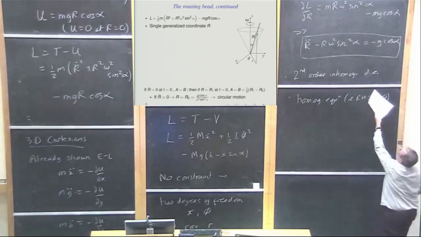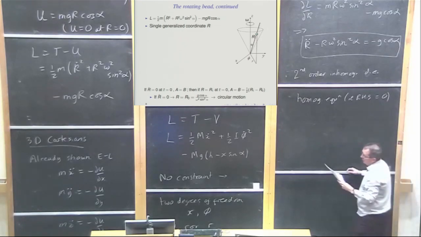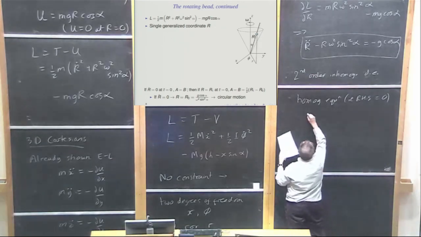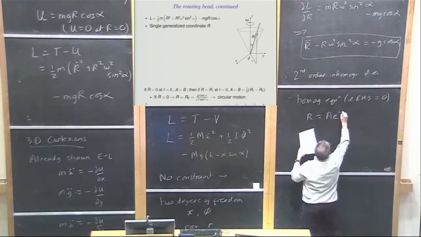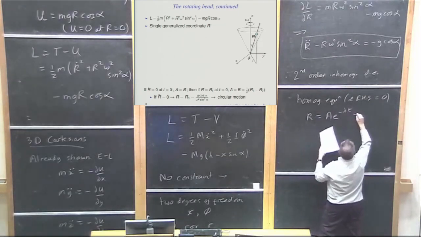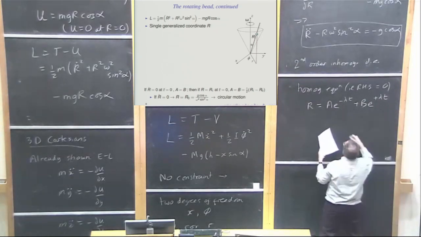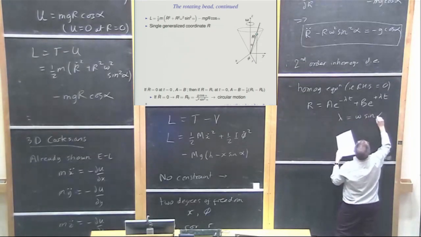And what would we get there? Then you would get just r double dot equals r omega squared sine squared alpha, and that's like the equation we looked at yesterday. The solutions are exponential, so this would give me r equals A e to the minus lambda t plus B e to the plus lambda t. This lambda is not a constraint. This lambda is just omega sine alpha, right?